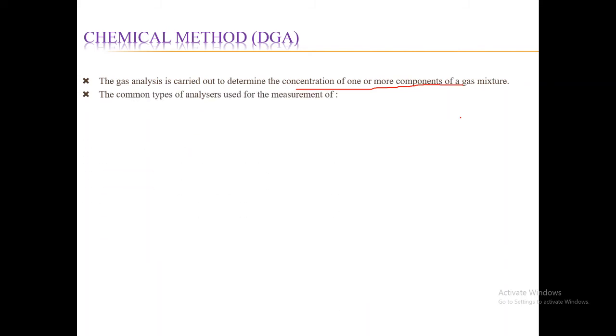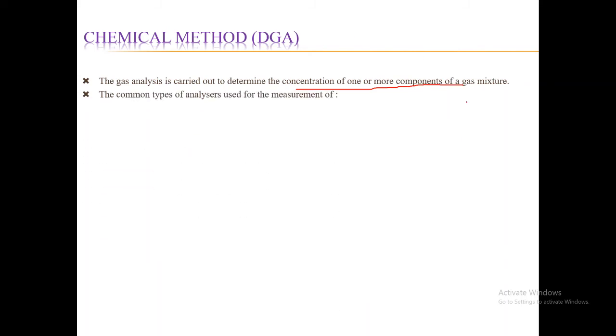Let us see the other way through which one can detect the discharge activities. One is the chemical method, known as dissolved gas analysis. Gas analysis is carried out to determine the concentration of one or more components of a gas mixture.